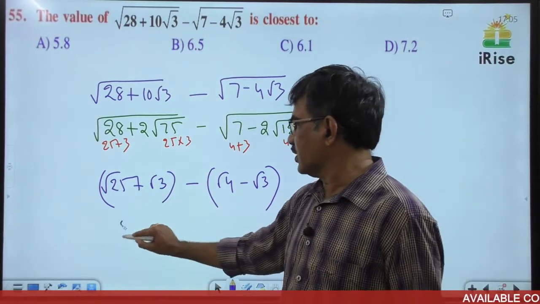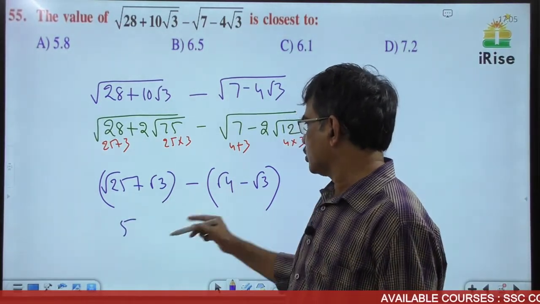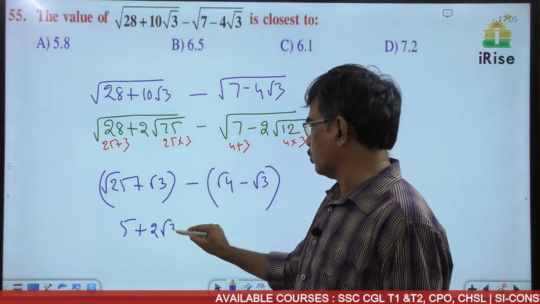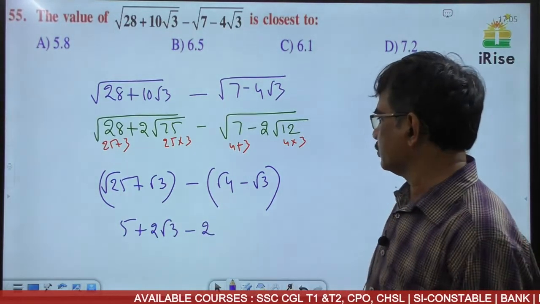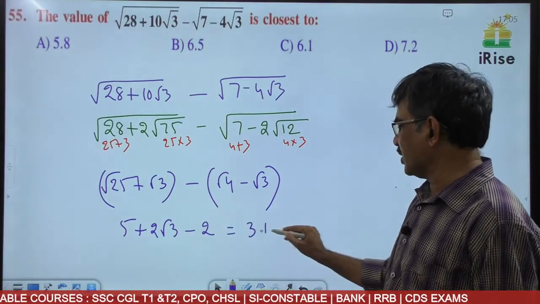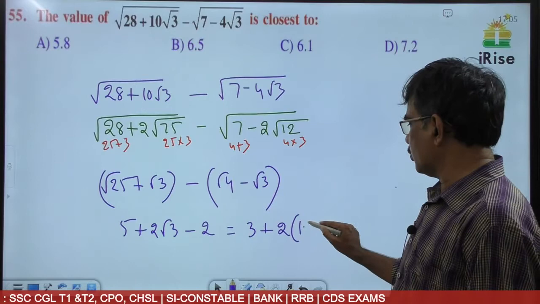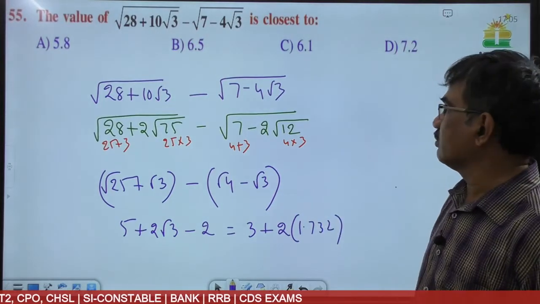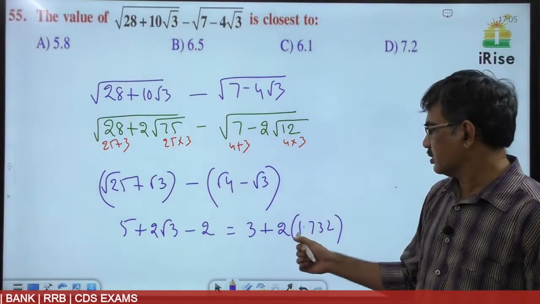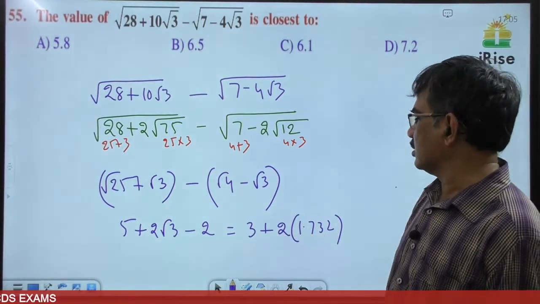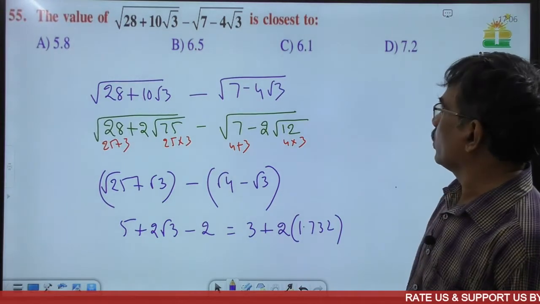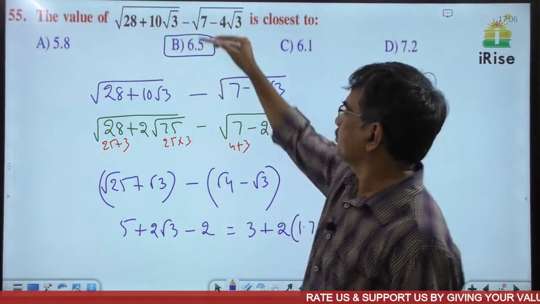Root 25 is 5, plus root 3 plus 2 root 3, totally 2 root 3 minus 2, which is equal to 3 plus 2 times 1.732, because root 3 value is nearer to 1.732 approximately. This is 3.4 plus 3, answer is 6.4 something, nearer to 6.5.